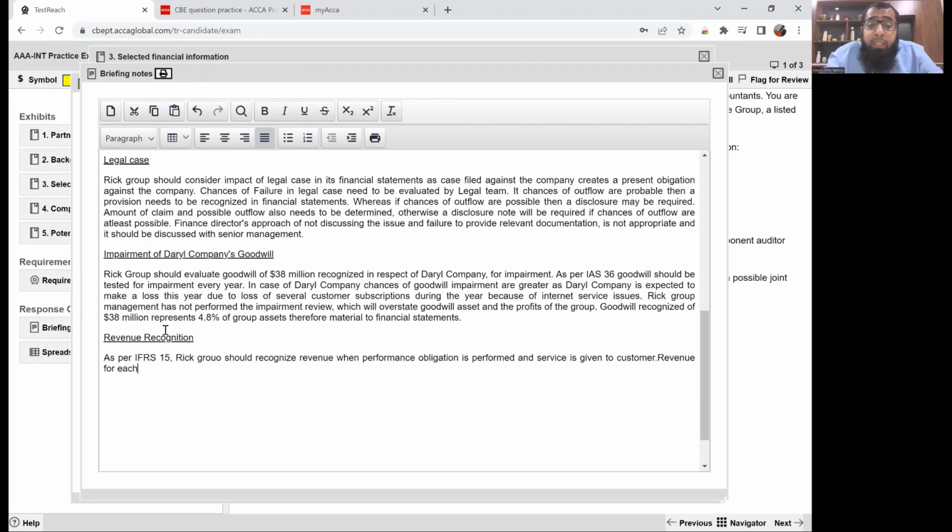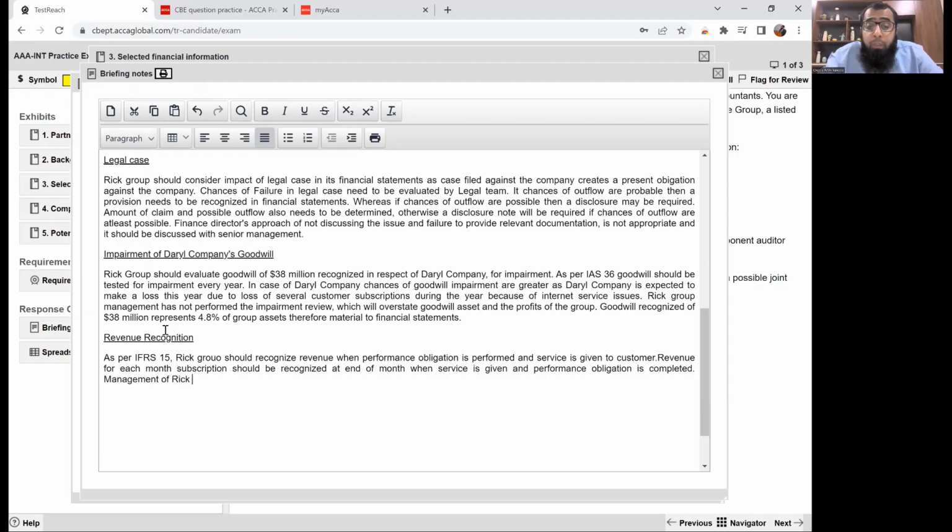Revenue for each month's subscription should be recognized at the end of the month when the service is performed, when service is given, and the performance obligation is completed. Because we have given him the service for the 1 month, and then we can book the revenue. So this is the correct treatment as per IFRS 15.